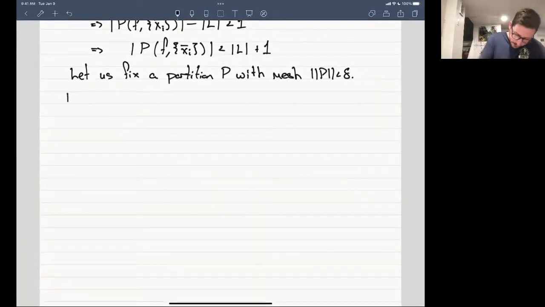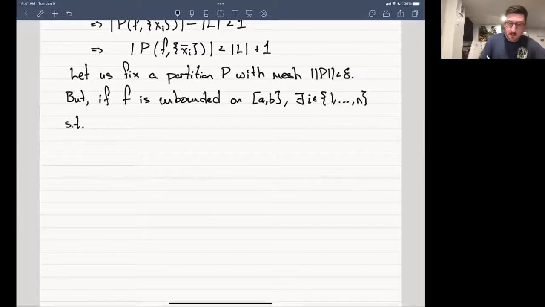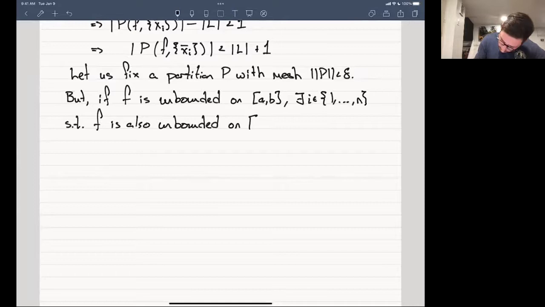But if f is unbounded on the interval [a, b], well, then there exists some subinterval that it is also unbounded on. So there exists an i such that f is also unbounded on [x_{i-1}, x_i].